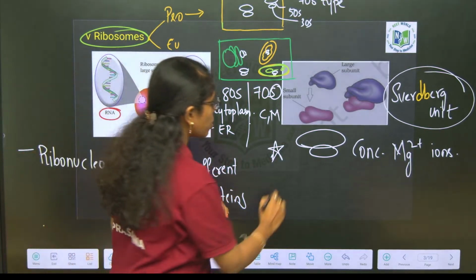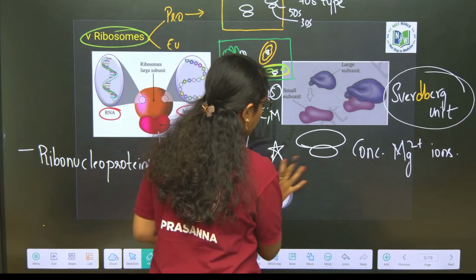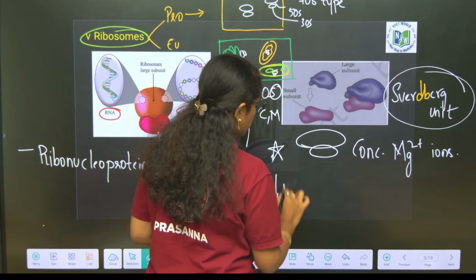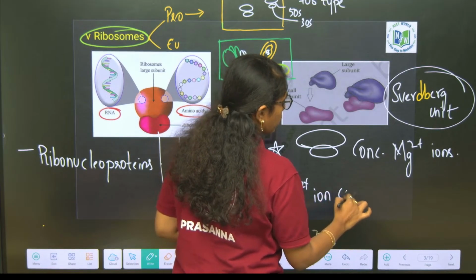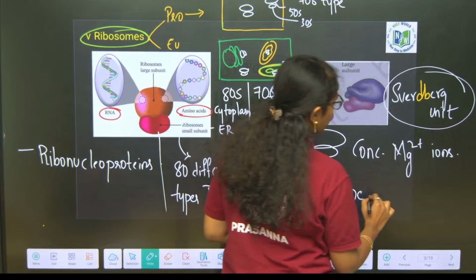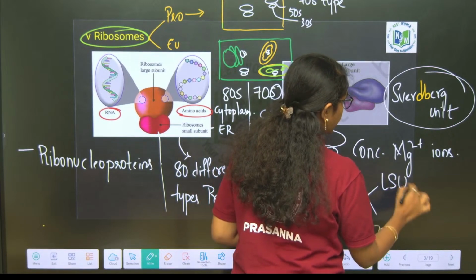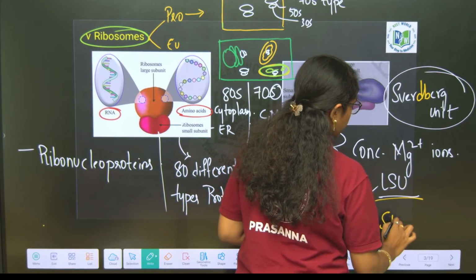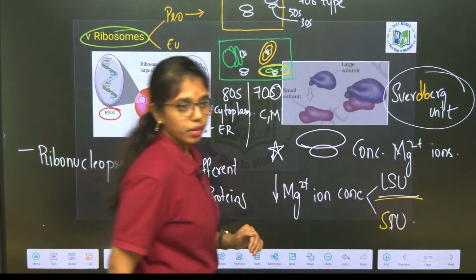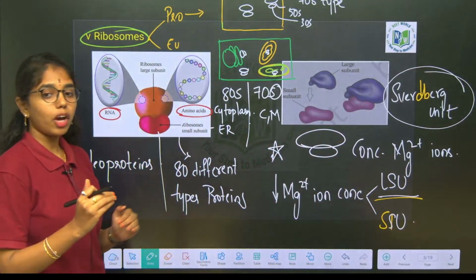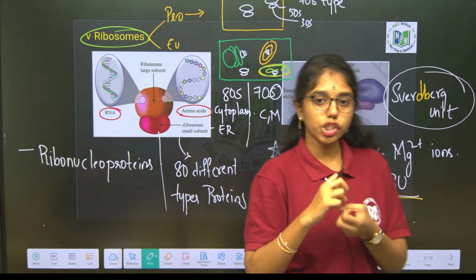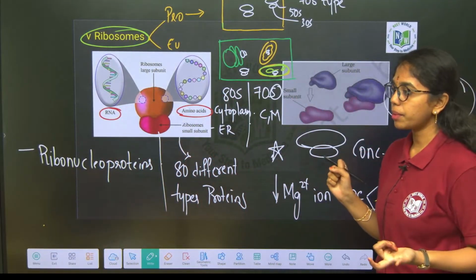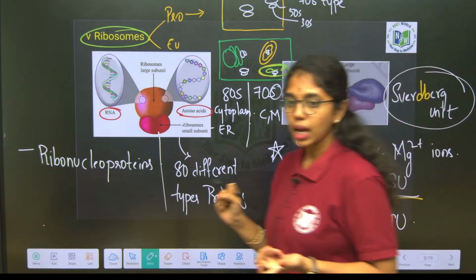Less the magnesium ion concentration, there is a dissociation between larger subunit and smaller subunit. More the magnesium ion concentration, more is the association; less the magnesium ion concentration, dissociation between larger subunit and smaller subunit can be observed.